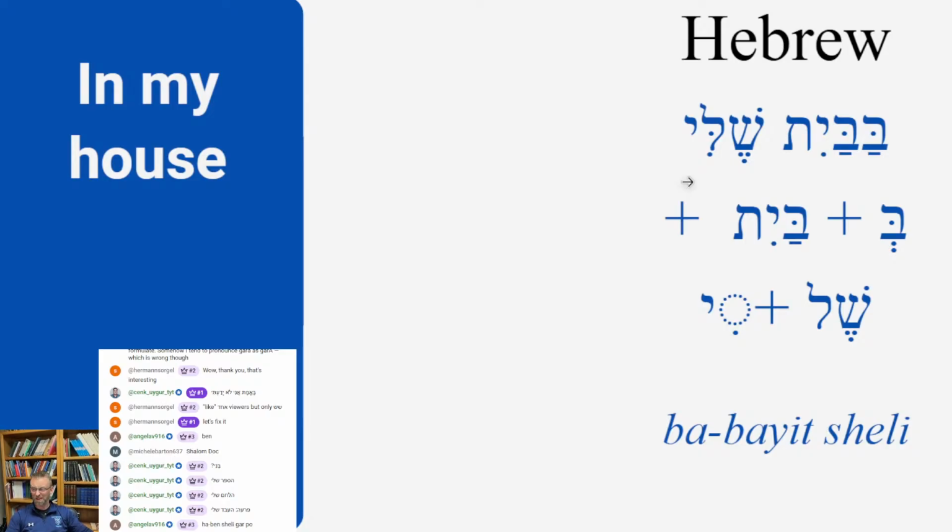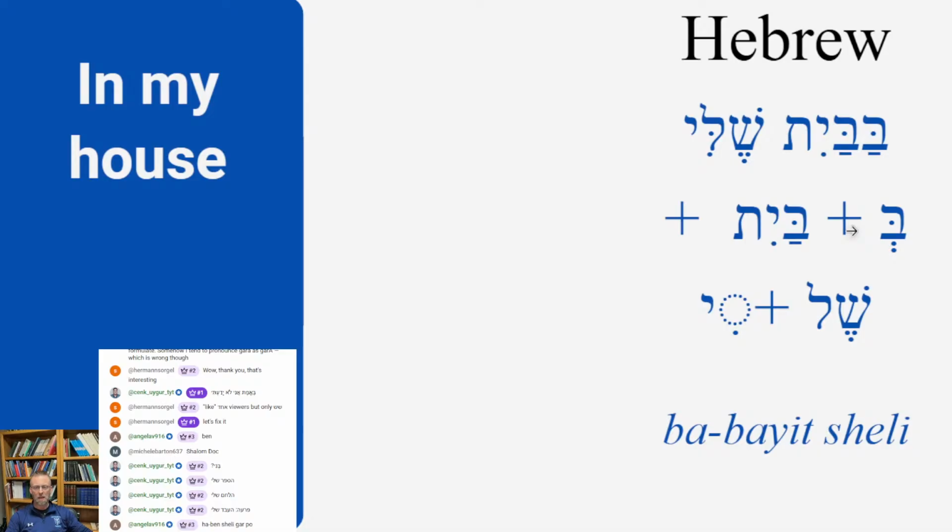And I actually left something out here. I made a mistake when I typed this out, so I'll correct this now so you can put it in your notes anyway. So babayit sheli is ba, which means in. What I left out here is that the next component is the definite article, which is the letter hey with an a vowel, like bi ha. That means in the.